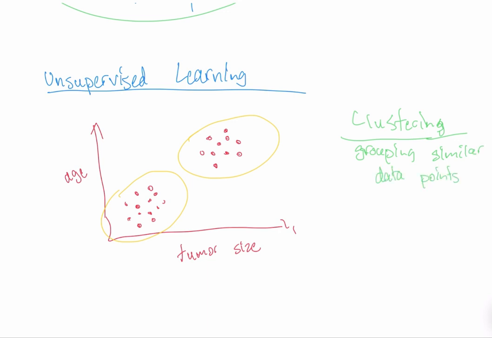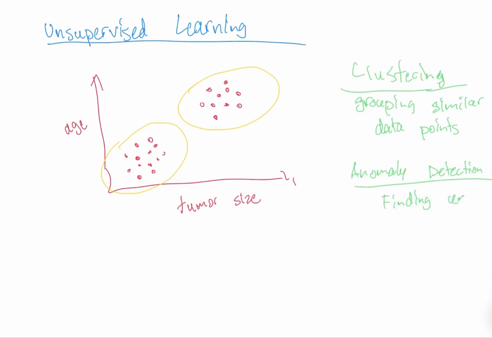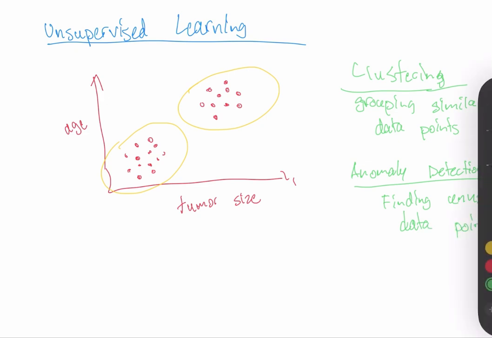Another type of unsupervised learning is anomaly detection, and this involves finding unusual data points, kind of like finding an outlier. So say in this data, there was a point down here. This algorithm, specifically anomaly detection, might figure out that this point right here is an outlier, and it finds that in the structure of the data.